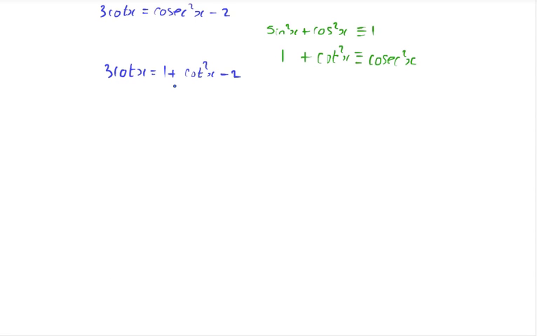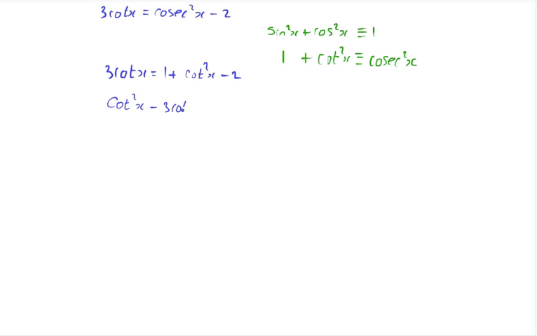Moving all terms onto one side and having 0 on the other side gives us cot squared x minus 3 cot x minus 1 equals 0. This is what I refer to as a disguised quadratic. So if you can't solve it from here straight away, try letting y equal cot x.